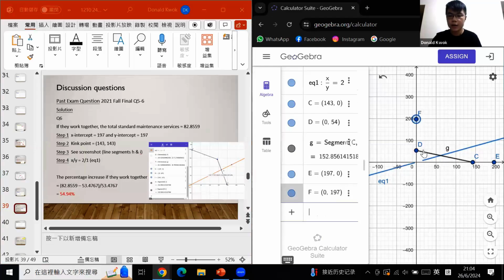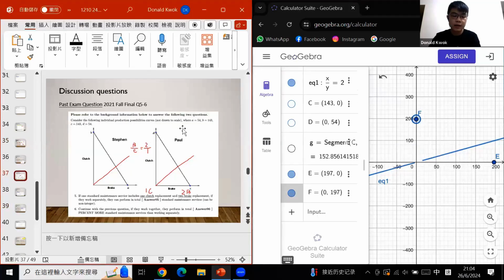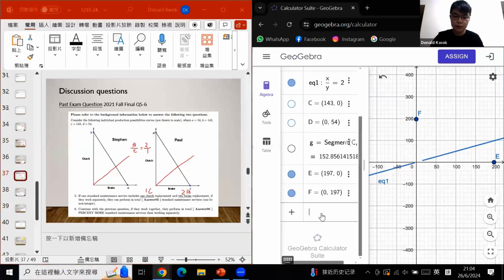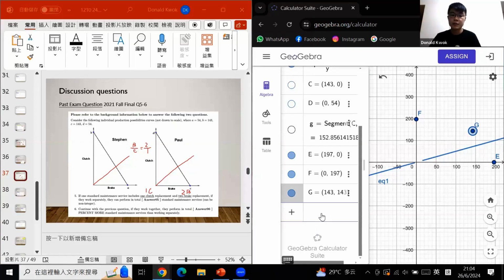So we have the points here. Step 2 is to find the kink point. I believe you are able to check on your own that the kink point will be 143, 143, where they specialize in producing the good in which they have comparative advantage.